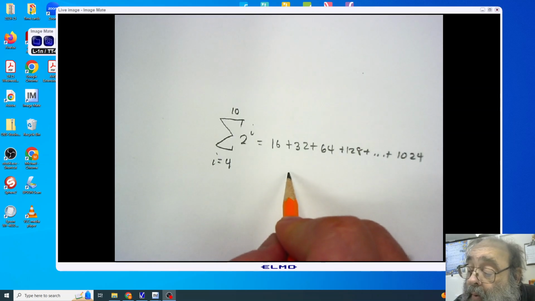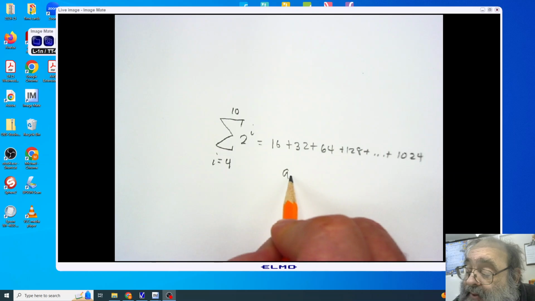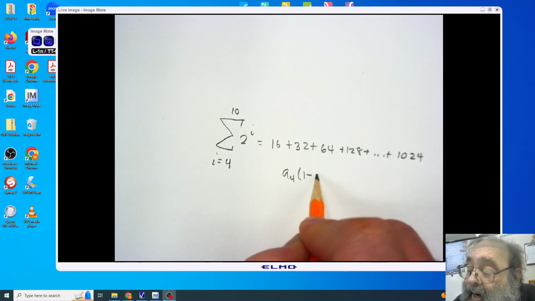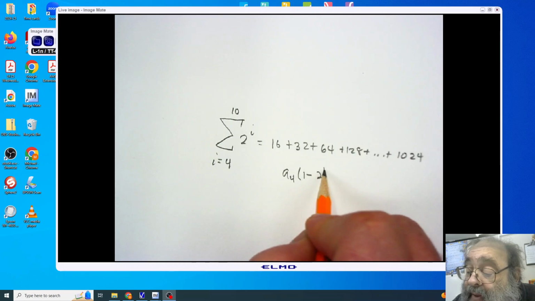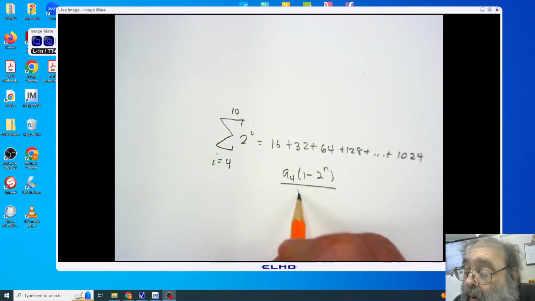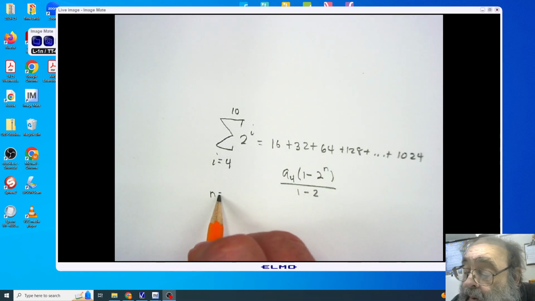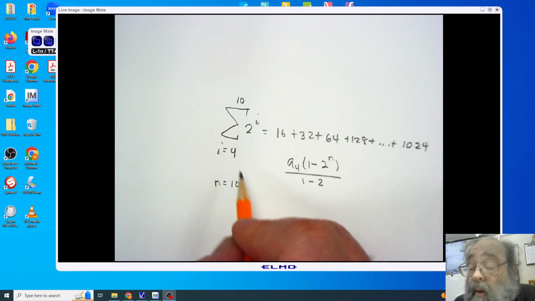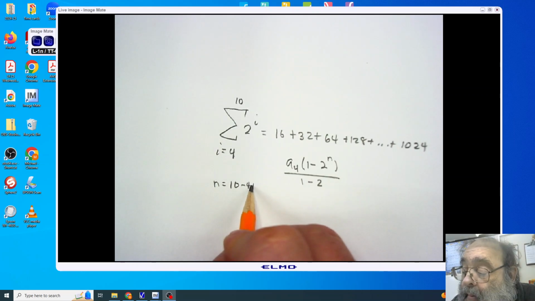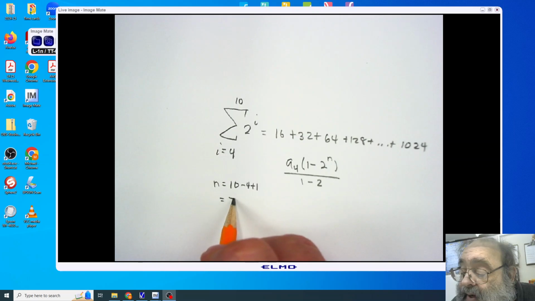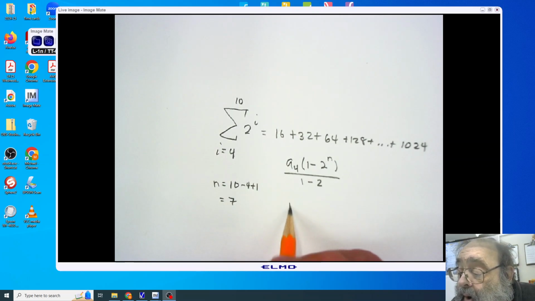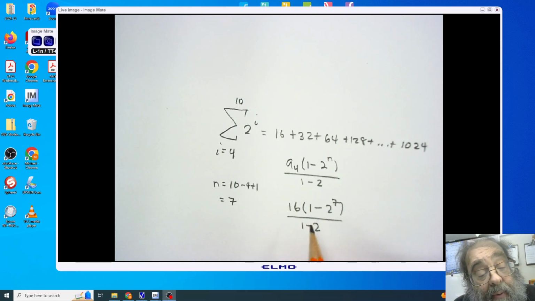Now, according to our rules, we should be able to use a sub 4 times 1 minus 2 to the nth power divided by 1 minus that r again, or 1 minus 2. But we have to be careful because our n now is 10 minus 4 plus 1. That's giving us 7. So we really are looking at 16 times 1 minus 2 to the 7th power divided by 1 minus 2.